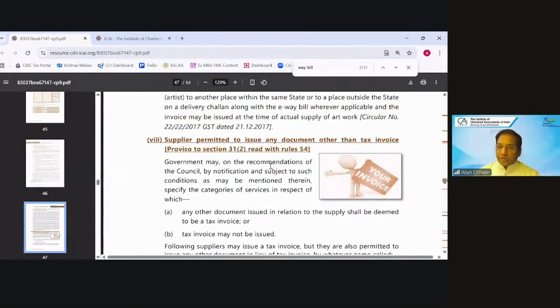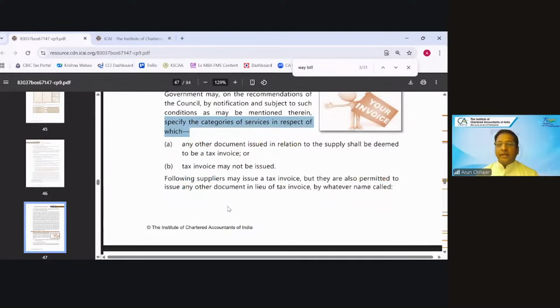Supplier permitted to issue any document other than a tax invoice. Rule 54: the government, on the recommendation of the council, by notification and subject to the conditions mentioned therein, specifies the category of goods or services in respect of which any other document in relation to the supply shall be deemed to be the tax invoice, or a tax invoice may not be issued.